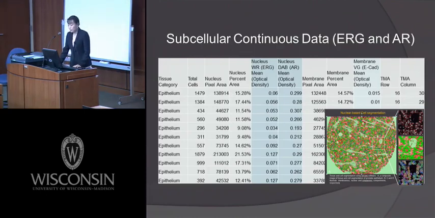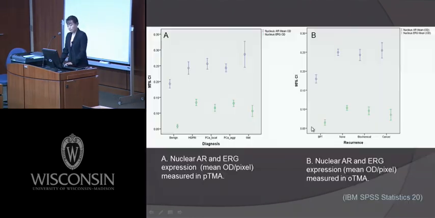And this table shows the subcellular quantification data. In the same experiment, I used the nuclear compartment to quantitate ERG and AR. That's how the data look. And in the plotting, you can see that in two cohorts, the quantitative data are very similar.